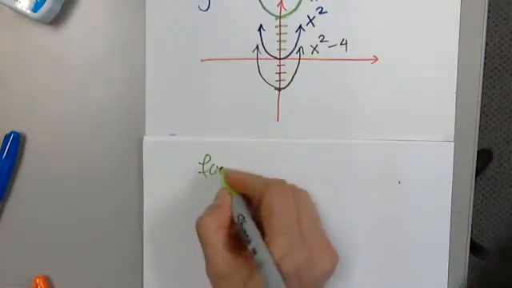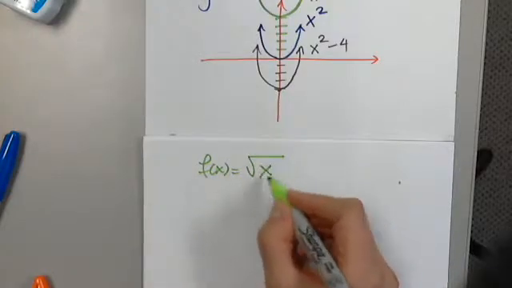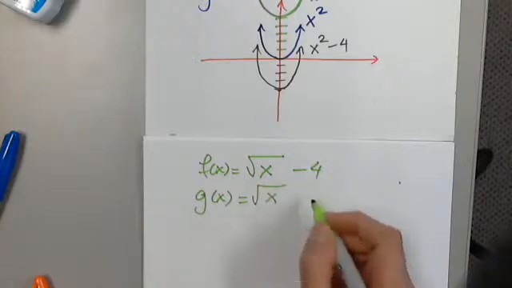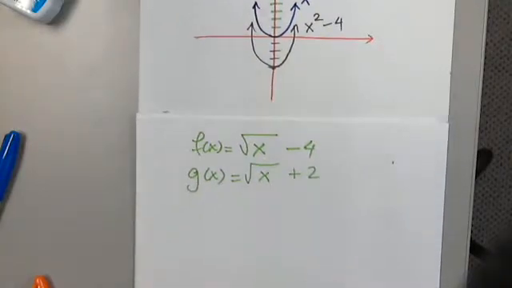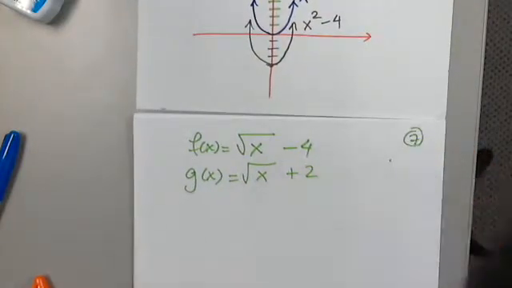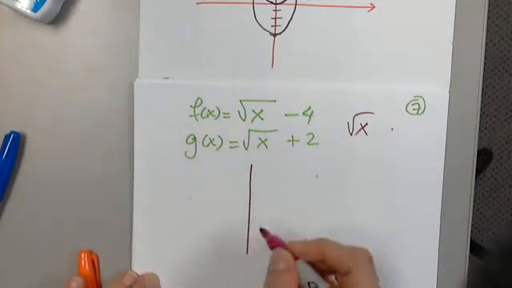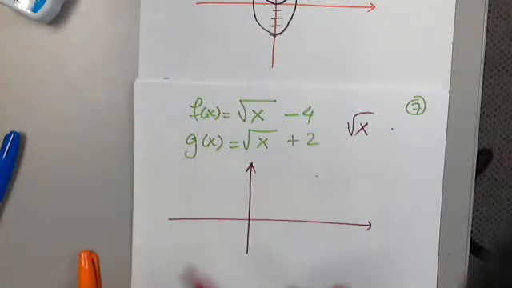So let's say f of x equals the square root of x minus 4, and g of x is the square root of x plus 2. Which function did we use this time to create f and g? Yes, it is the square root. I have to graph the square root of x. So the square root of x is this.